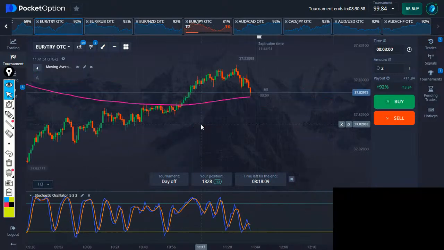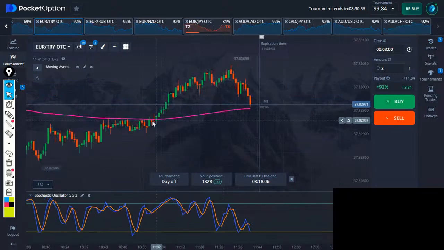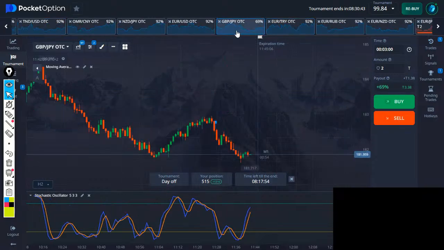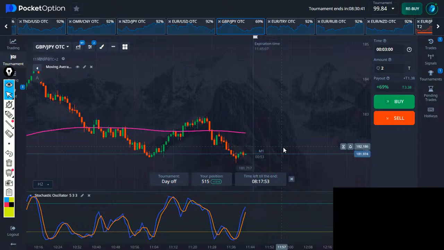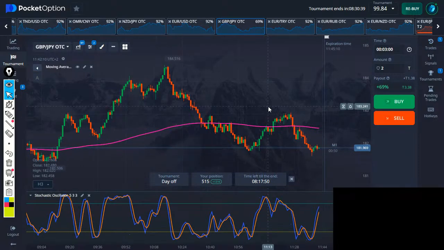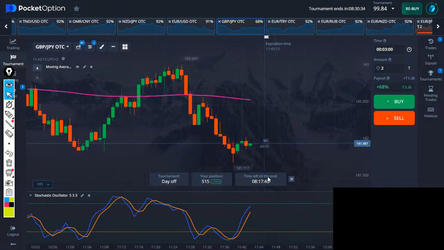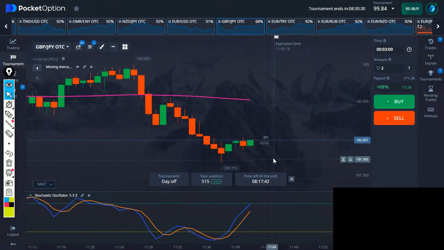Okay, so here we have a strong demand area. I don't like the movement of the stochastic, so I will discard this one. We have downward momentum. Stochastics are going to the overbought zone. This is a potential trade, so I'll wait for it.